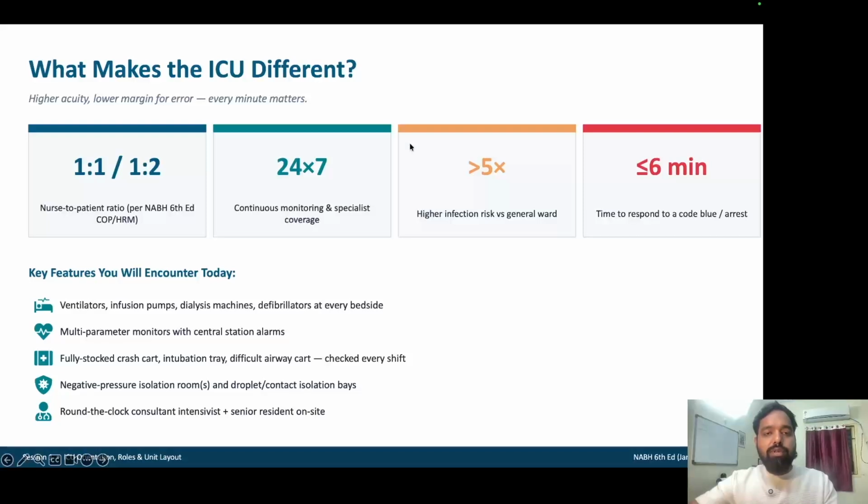And we do 24/7 monitoring with continuous multi-para monitoring for all the patients, which involves specialist coverage. In an ICU, there is a chance of 5 times more risk compared to the general ward, and the time to respond to a code blue or arrest is less than 6 minutes or immediate.